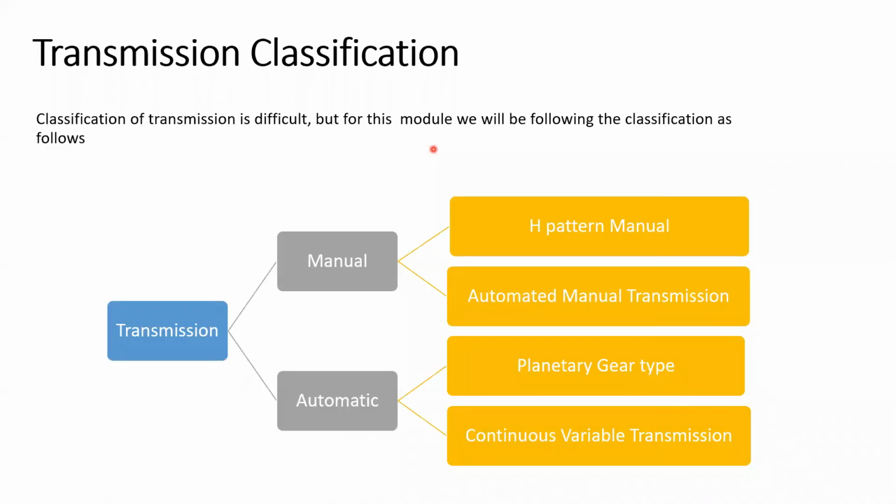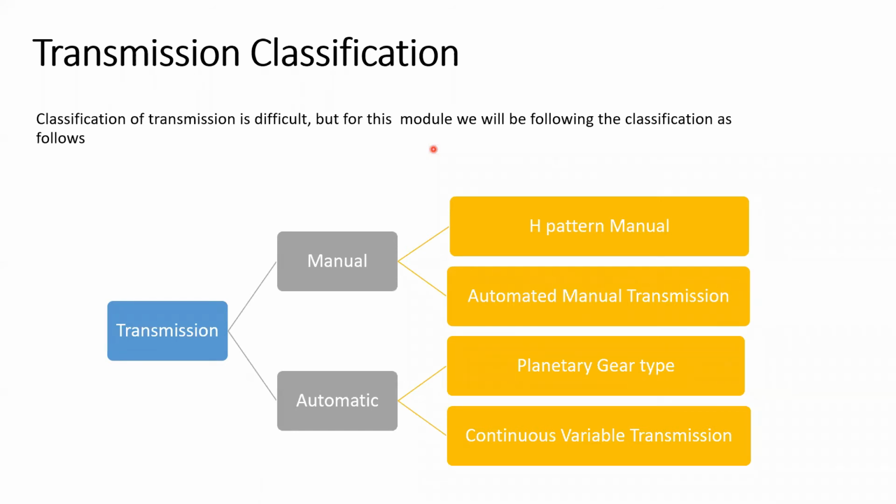Okay, so now we come back to the transmission again. We can classify the transmission in 2 ways. One thing you have to understand is that classification of transmissions is very difficult nowadays, because transmissions are, by design, very complicated.